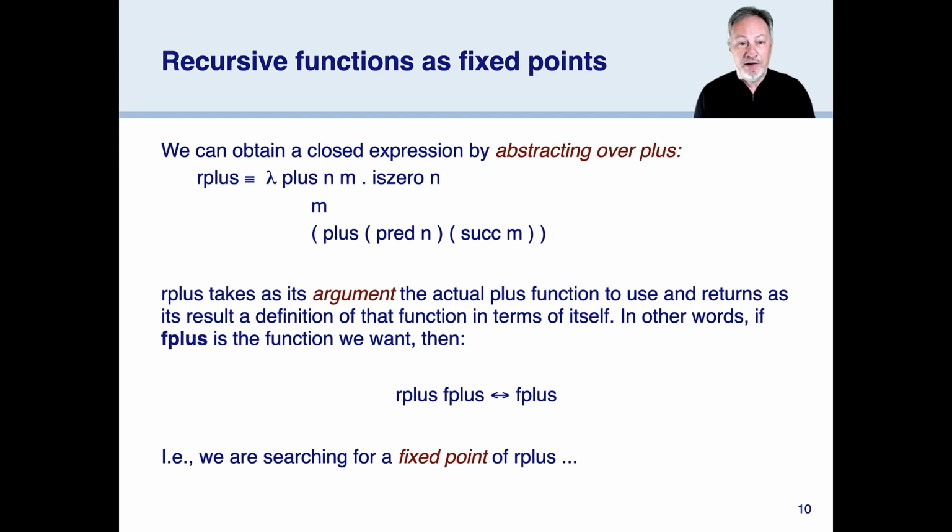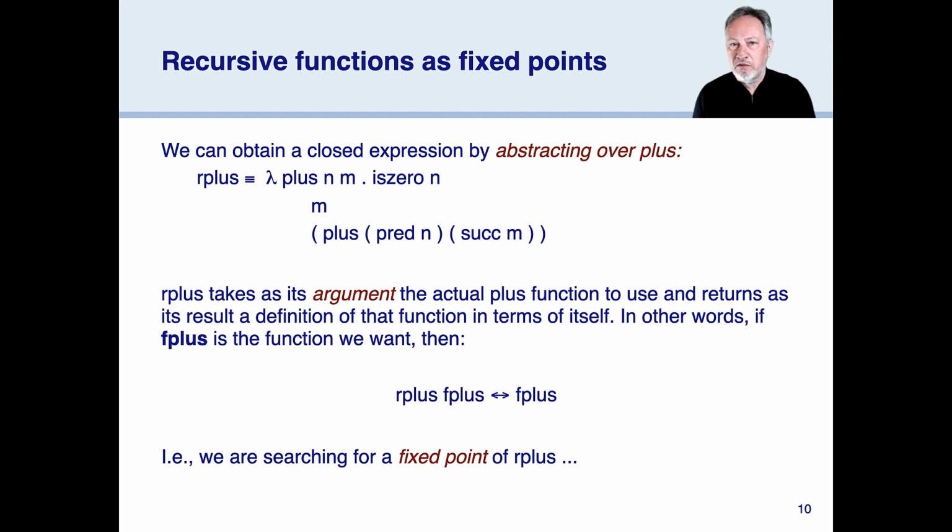So let's define r plus that abstracts over this whole big expression and abstracts plus out. That is, we bind it. So now r plus is going to be a combinator. It's a closed expression. It's going to be lambda plus of n and m, so those are the things that we're defining, is0, it's a combinator, applied to n and m and this expression, plus predecessor of n and successor of m.